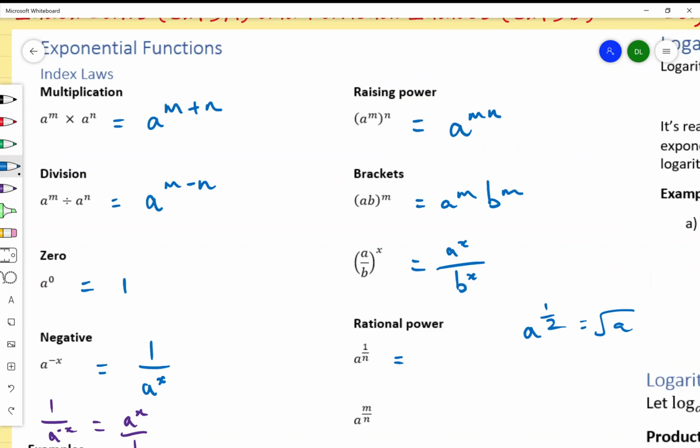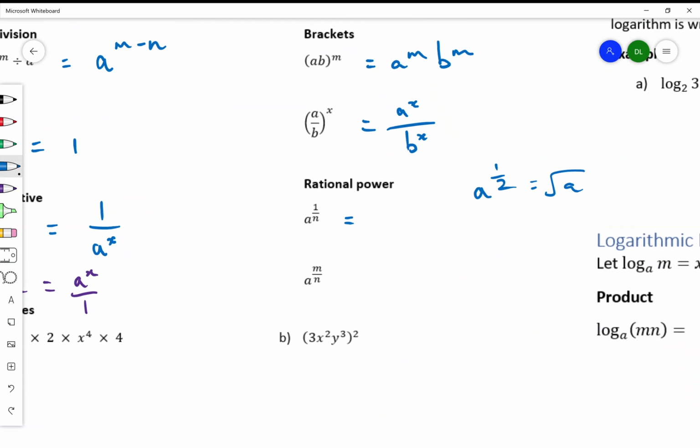In this case, a to the power of 1 over n is just the nth root of a. So you can see how the bottom number is the number here. The same thing applies here. Just in case you're not aware, square root is the same as a 2 root. There we go. Any questions about that?